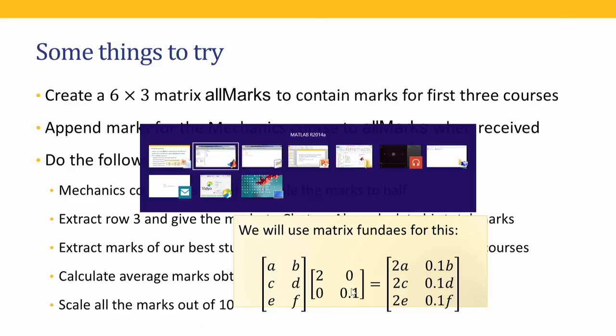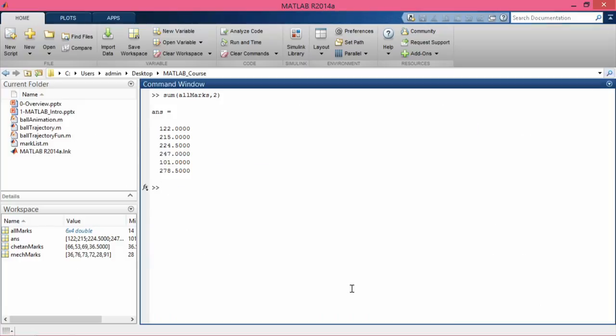Let us go back to MATLAB and create this using a command called diag, which creates a diagonal matrix. So, diag of 0.1, 0.1, 0.1, 0.2. When I give this and press enter, this is the matrix that I get.